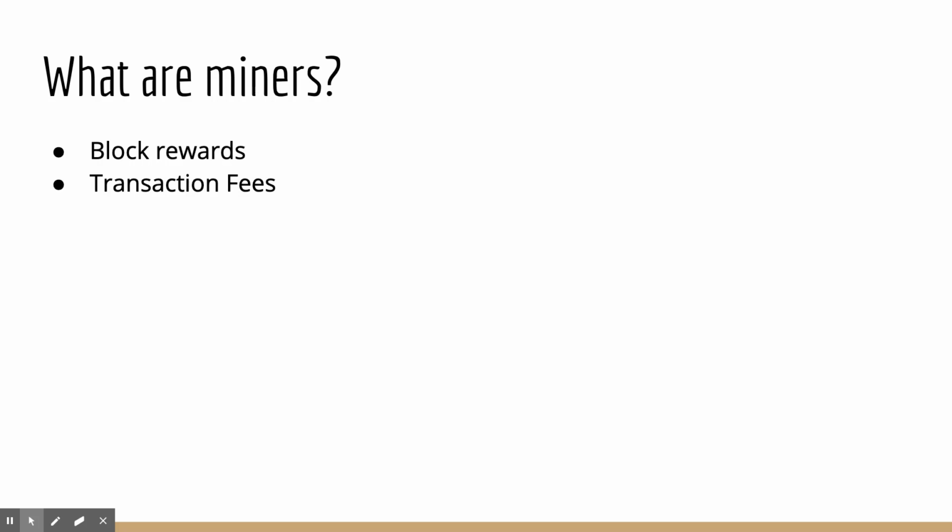Block rewards are the main way miners make money. In Bitcoin's case, this is hard coded in the protocol and is halved roughly every 4 years. And transaction fees are the second way miners make money. Every transaction has a fee associated with it that goes to the miner who includes this transaction in the block.